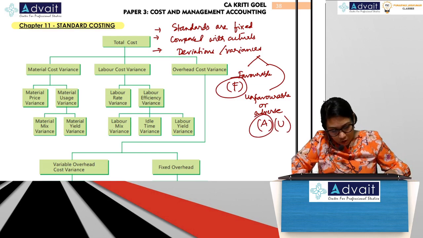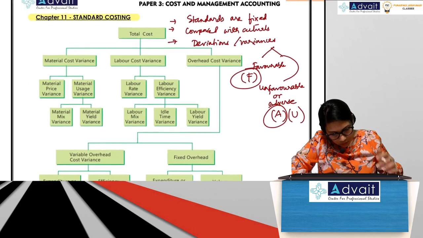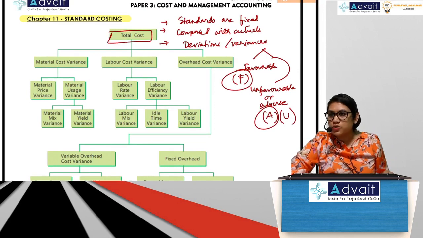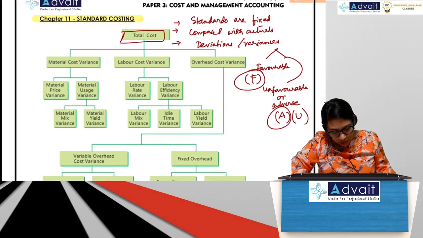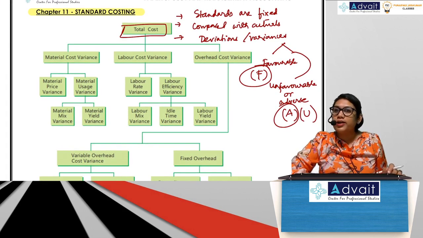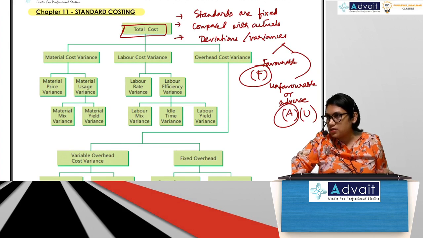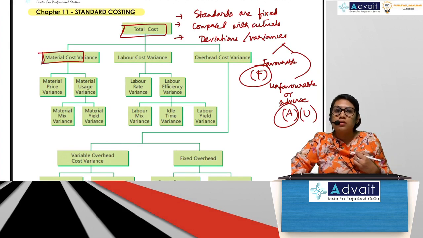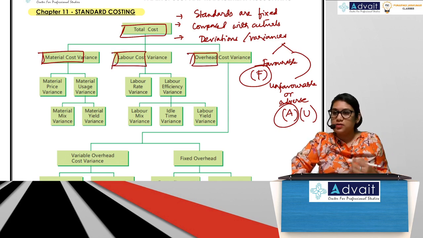Okay, so now your cost can be divided into the following, and based on this only we will be calculating the deviations or the variances. So material, labor and overheads.